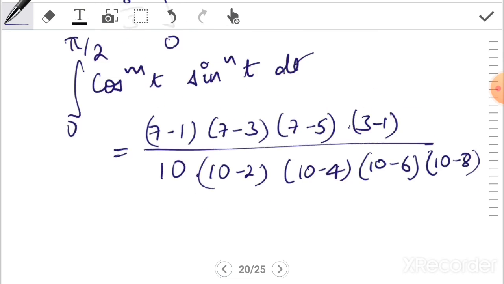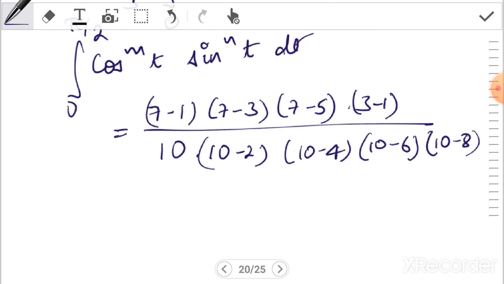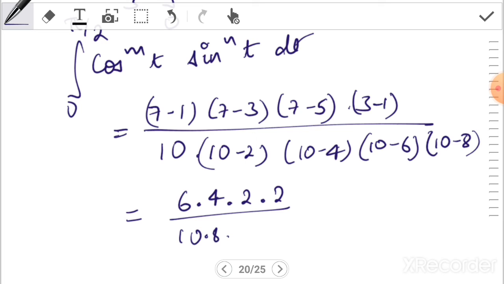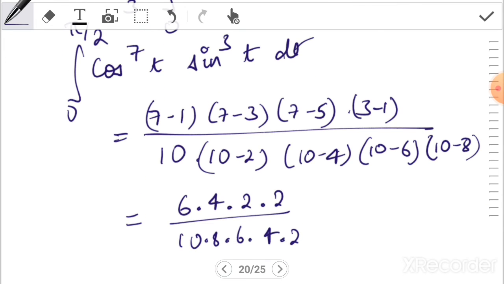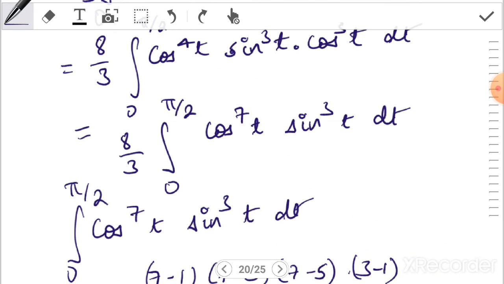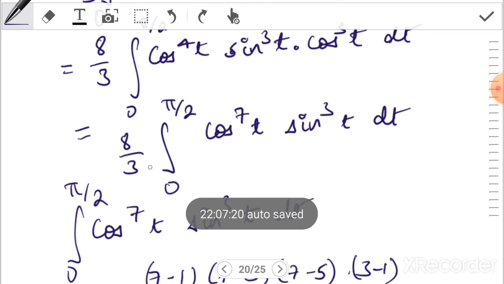Which is equal to 6 into 4 into 2 into 2 by 10 into 8 into 6 into 4 into 2. So for m is equal to 7 and n is equal to 3, we have this as the result. Now the final result is this.